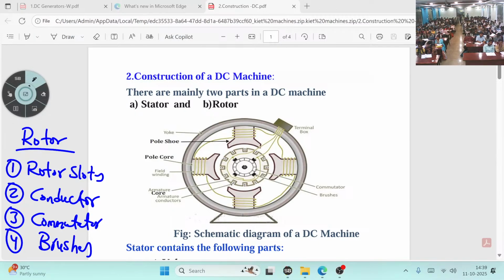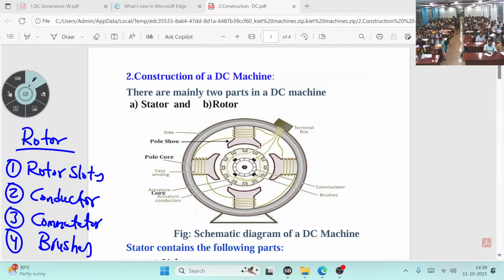To place the conductors. In the conductor, EMF will be generated. Third, the commutator is an additional device just beside the rotor. What is the function of this commutator?